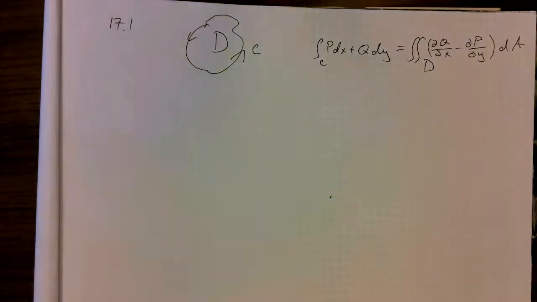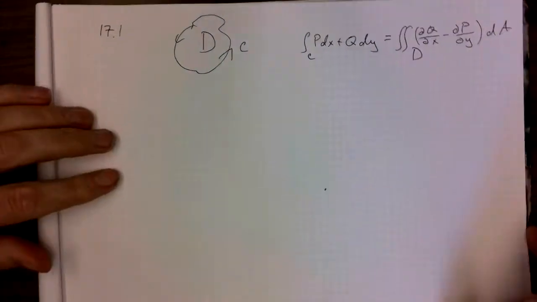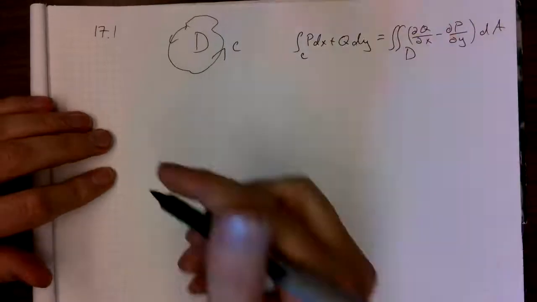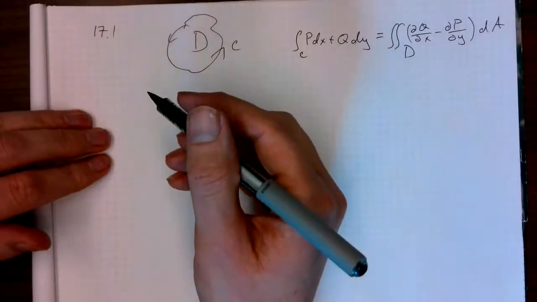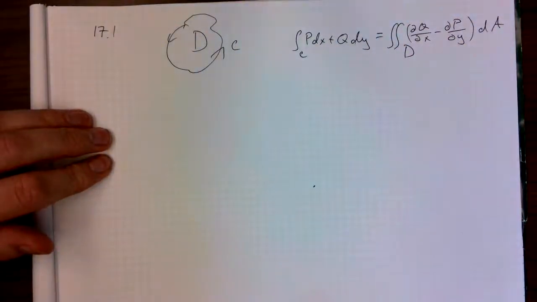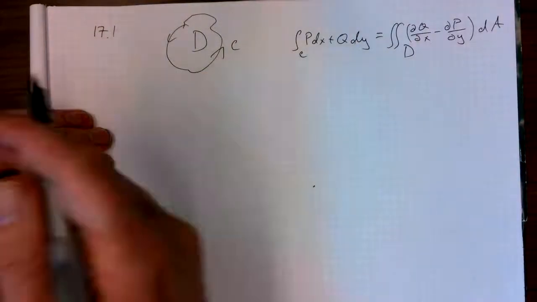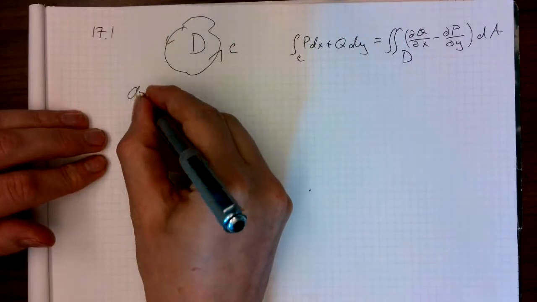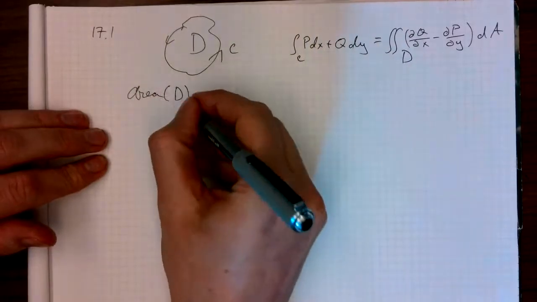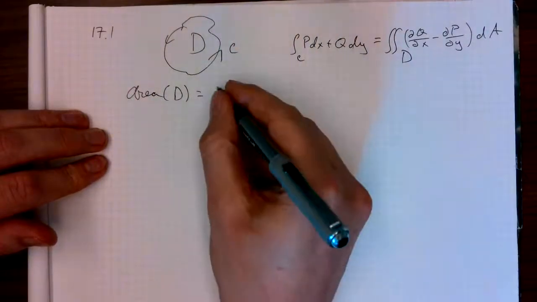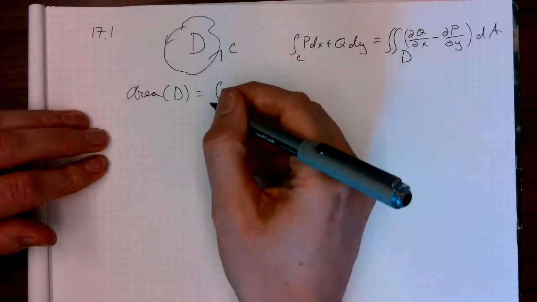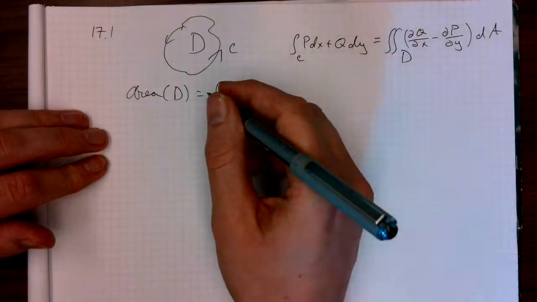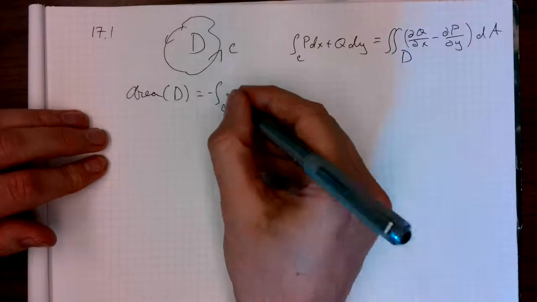Now one of the things that we saw last time is that you can use this to compute the area. So the area of D is equal to the integral around C. Well, there's a couple of ways of doing it. First, let's do it this way.